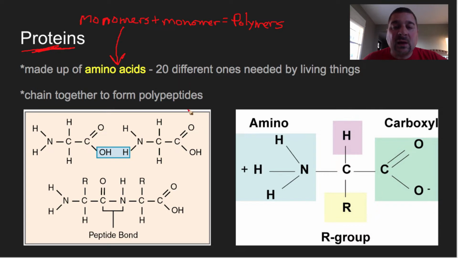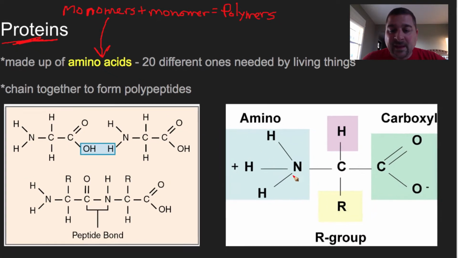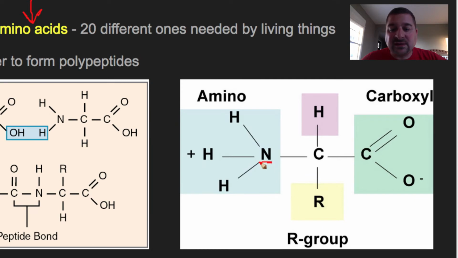Where does the term amino acid come from? If we look at the structure down here, I often joke that the base structure is North Carolina Cougars. Now I know there's no such team, but that's how I always remember it in my head. The North stands for nitrogen with two hydrogens off of it. We can ignore this one for now.